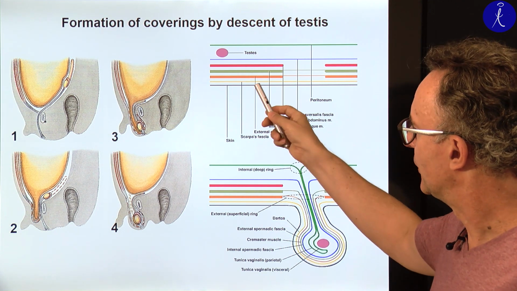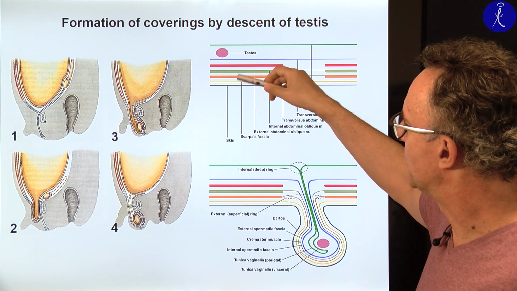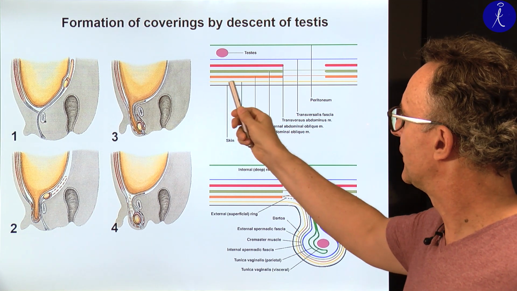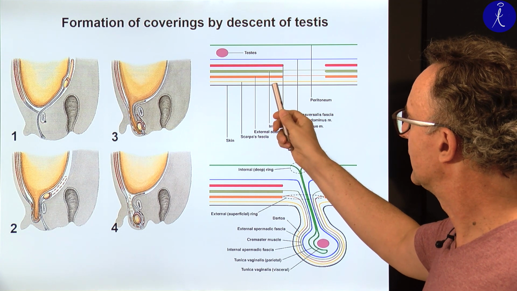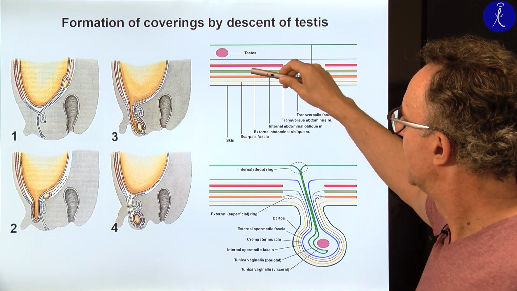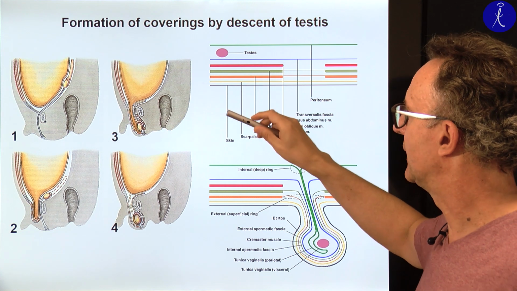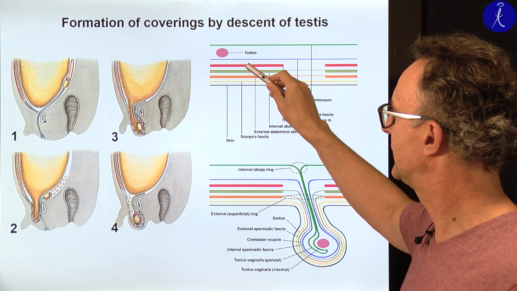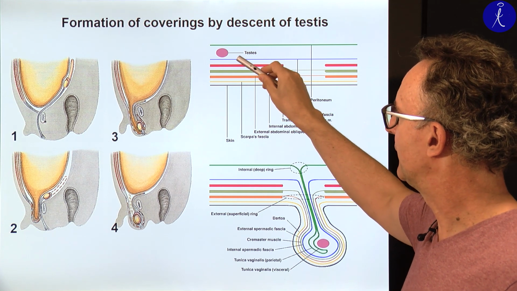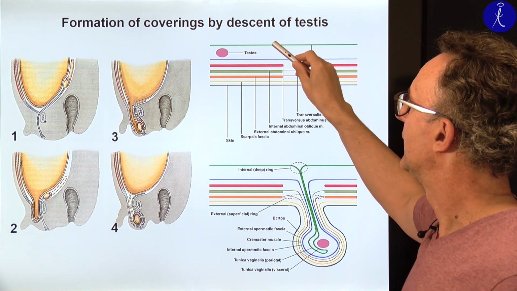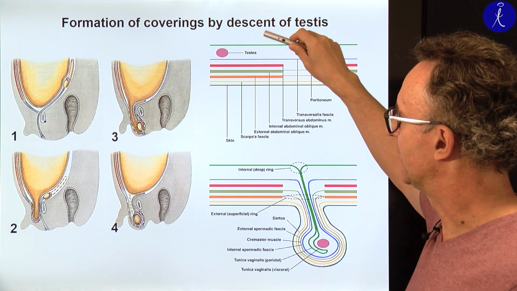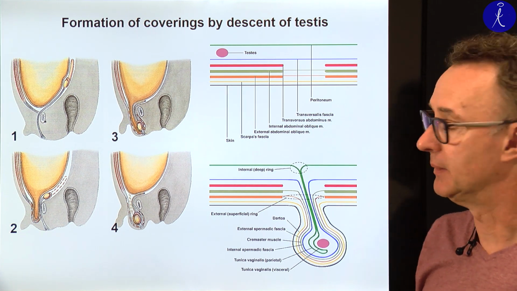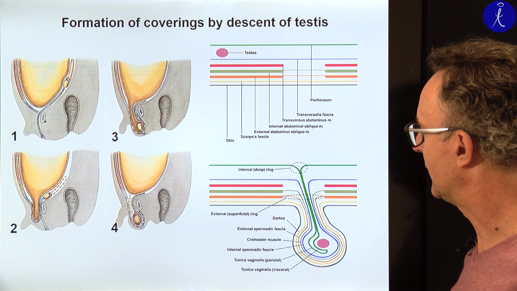Originally, if you look at the layers of the abdominal wall, we see the skin, then the superficial fascia of the abdominal wall. Then we have the three skeletal muscle layers, the external oblique, internal oblique, and the transverse abdominis. Then we have the transverse fascia, and the last one is the parietal layer of the peritoneum. This is what we studied in the wall of the abdominal cavity.